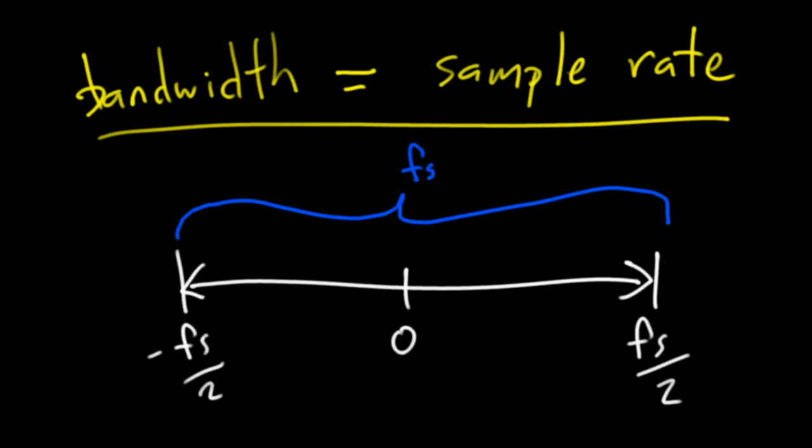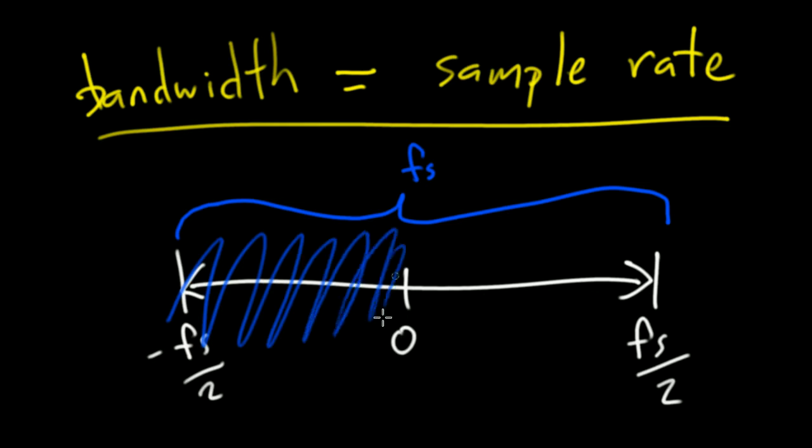The bandwidth is equal to the sampling rate. Now, if you have a real valued signal, then of course this negative stuff is ignored normally because it's just a mirror image of the positive stuff. So there's no additional information over there. In other words, in that case, the bandwidth is half the sampling rate. But I like to think of the sampling theorem as this: the bandwidth is equal to the sample rate.